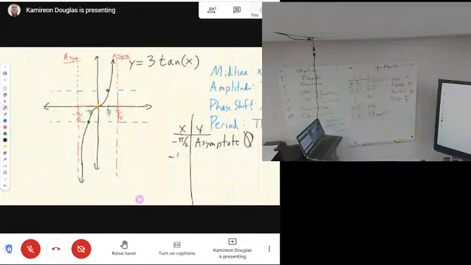At negative pi over 4, we are at negative 3, because remember, it's on the amplitude, but it's down on the amplitude, so it's down 3. The middle is at 0, 0. The next is at pi over 4, positive 3. And at pi over 2, we're back at the asymptote again.